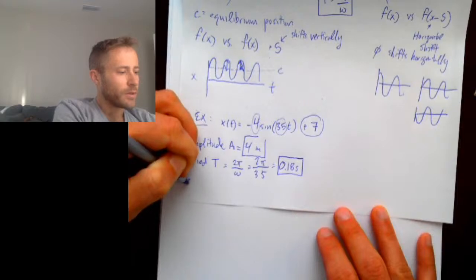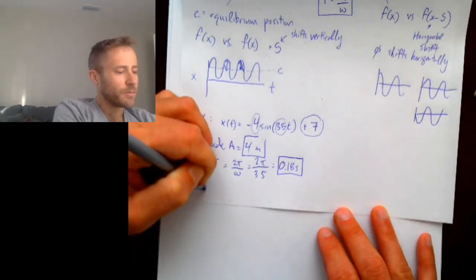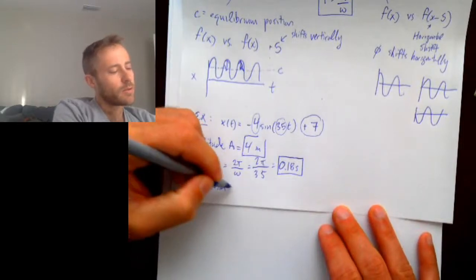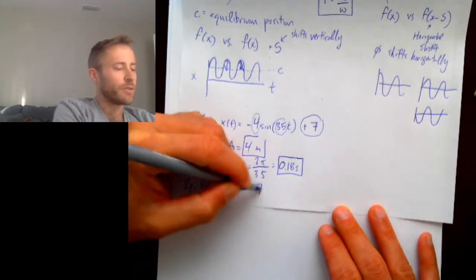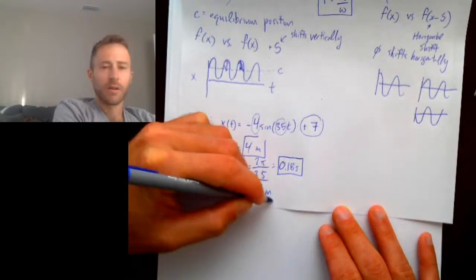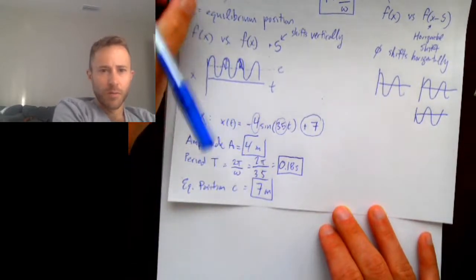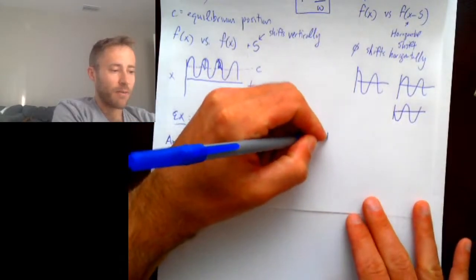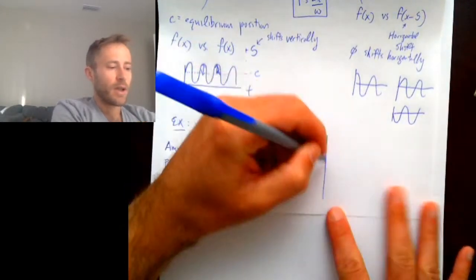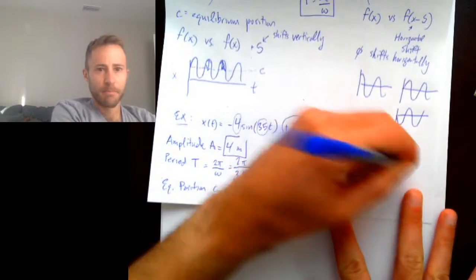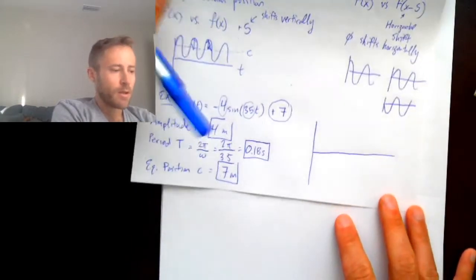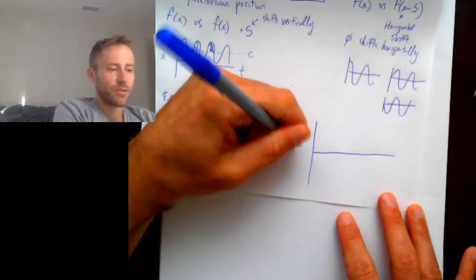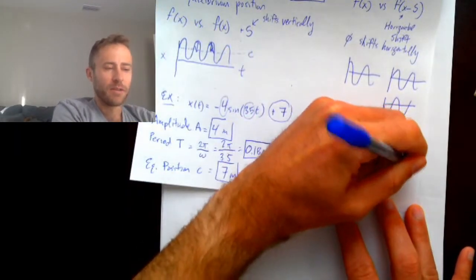So the equilibrium position C is equal to 7 meters. Okay, so what if we were going to graph this? We're going to graph the position as a function of time. So we have the position in meters, and we have the time in seconds.